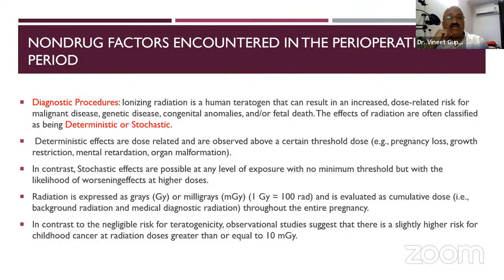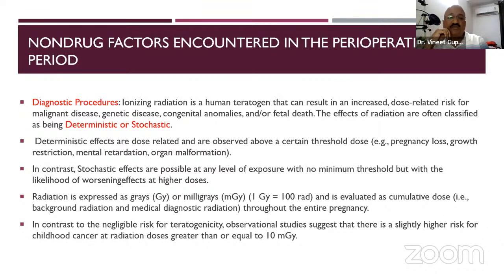In contrast, stochastic effects are possible at any level of exposure with no minimum threshold, but with the likelihood of worsening effect at higher doses. Radiation is expressed as gray or milligrays. 1 gray is equal to 100 rad and is evaluated as a cumulative dose, that is, background radiation and medical diagnostic radiation throughout the entire pregnancy.